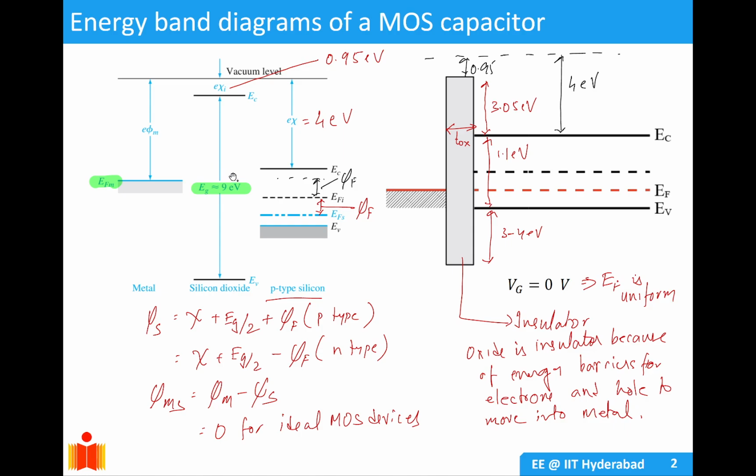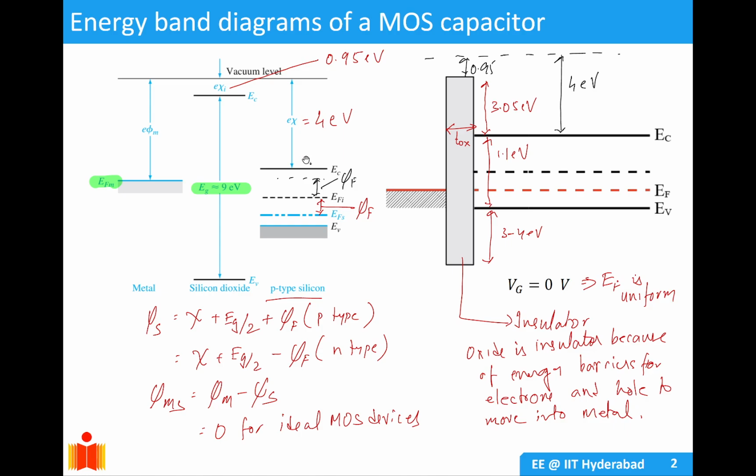We don't draw the mid gap or the Fermi level for the oxide because that is not known, because it's an insulator. It's very hard to determine the Fermi level for the oxide. So you only draw the conduction band and the valence band, and the gaps we use are the electron affinity of the oxide and the band gap of the oxide.